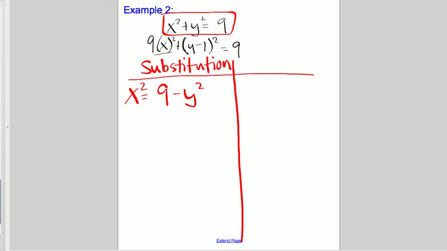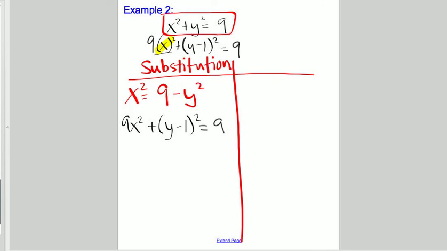I don't even need to solve for x because what I'm going to do now is substitute x squared in for this right here. That says 9x squared. So I'm going to take x squared and put it in for 9x squared. So let me copy down that equation. That was 9x squared plus (y minus 1) squared equals 9. The ultimate goal with solving algebraically is to get rid of one of the variables.